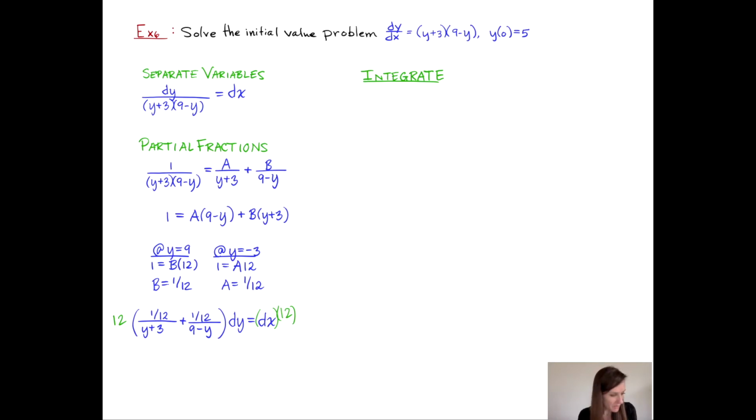So we have the integral of 1 over y plus 3, maybe I'll put those in big parentheses here, plus 1 over 9 minus y, dy, equal to the integral of 12 dx.